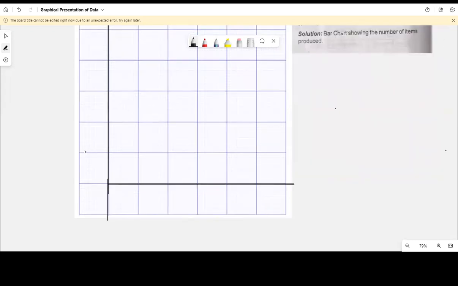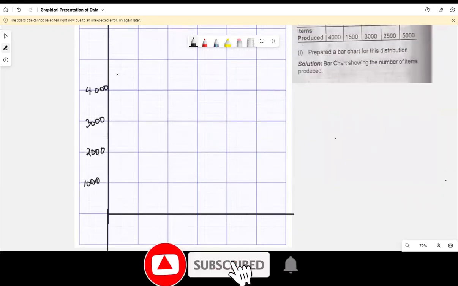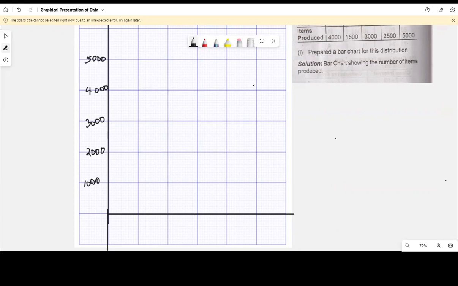Here will be 1,000. Here will be 2,000. Here will be 3,000, 4,000. I think that is the highest. Okay, I have 5,000. Okay, and let's draw the graph.